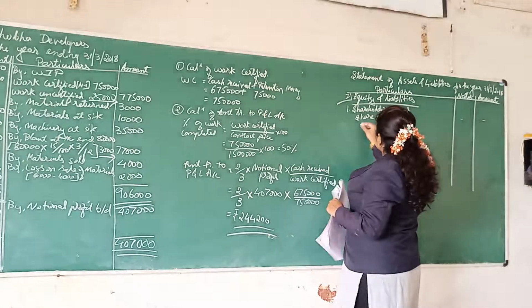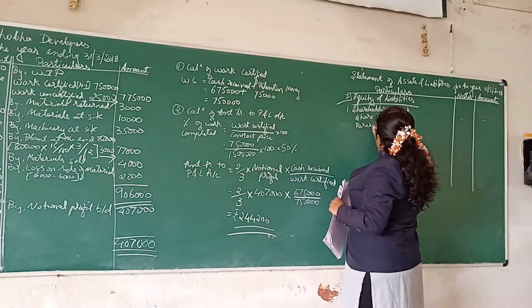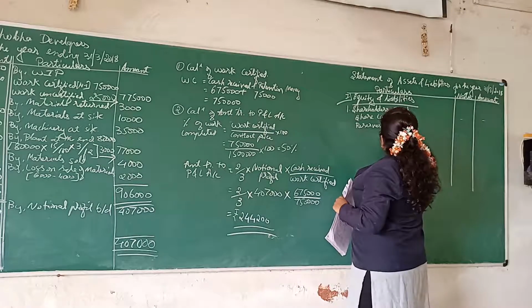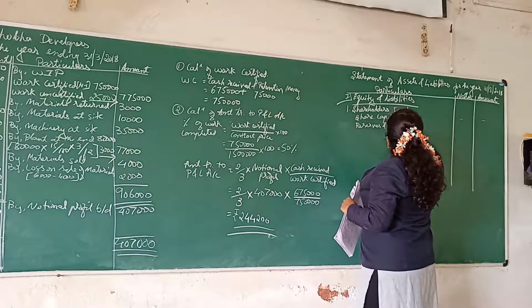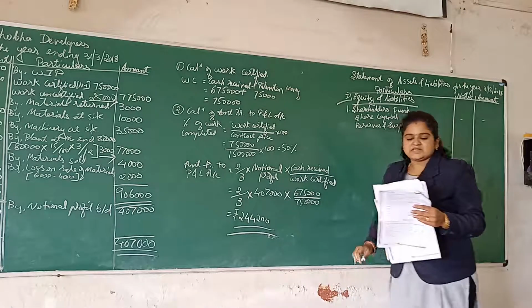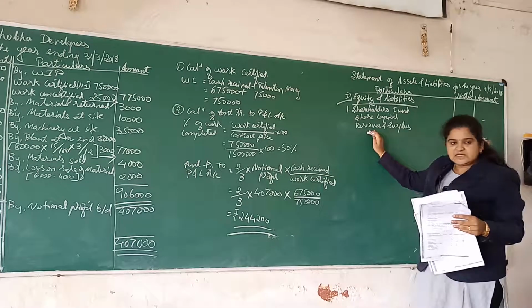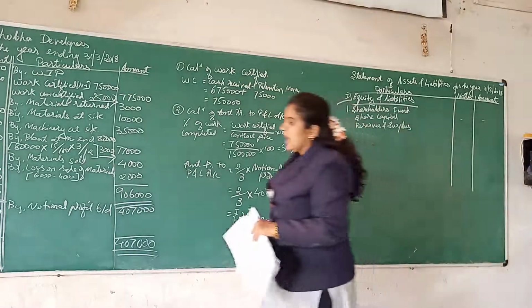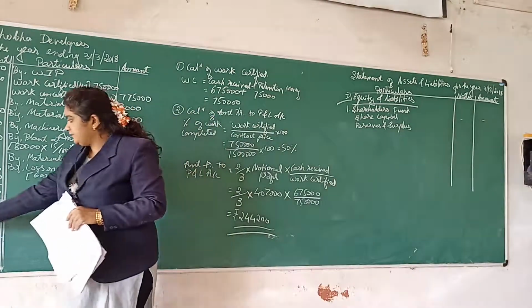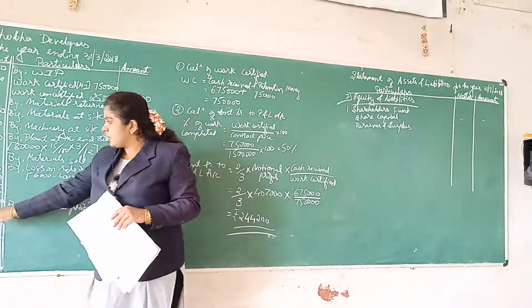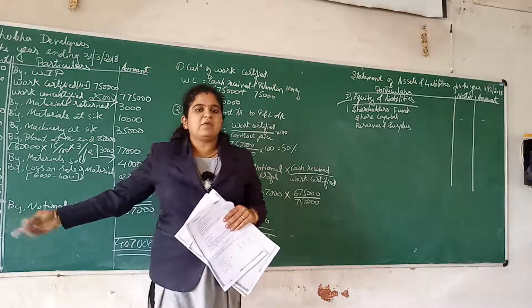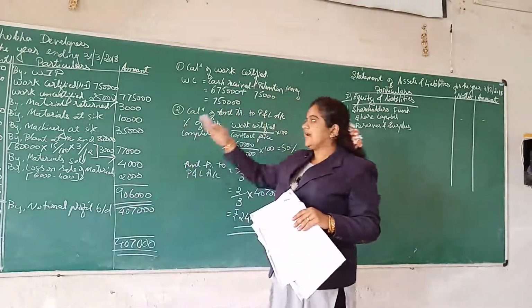Next is reserves and surplus. Now under reserves and surplus, whatever amount is transferred from the profit and loss account has to be taken.